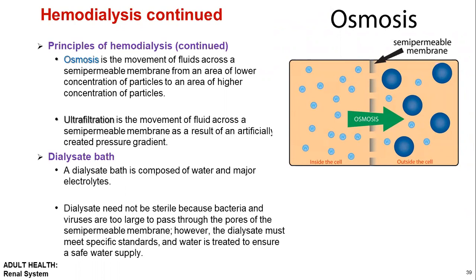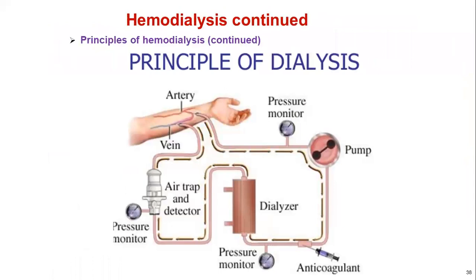It depends upon the concentration gradient, the pore size of the membrane, and also the size of the molecules and the electrical charge of the molecules, positive or negative. This is the basic principle of osmosis, and the kidney or hemodialysis works on the basis of osmosis.